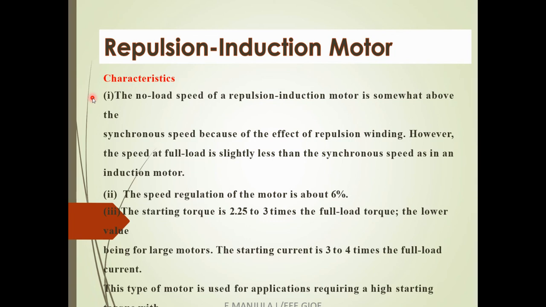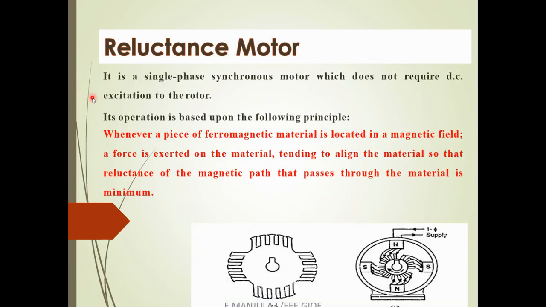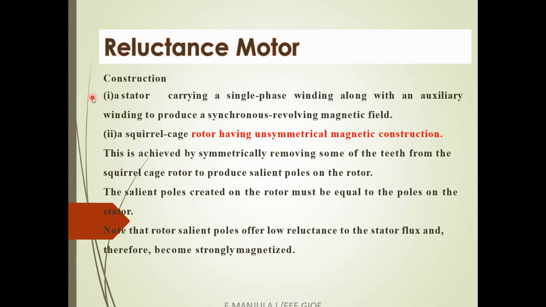The speed regulation of the motor is about 6%. The starting torque is 2.25 to 3 times the full load torque, the lower value being for large motors, and the starting current is 3 to 4 times the full load current. This type of motor is used for applications where high starting torque is required.